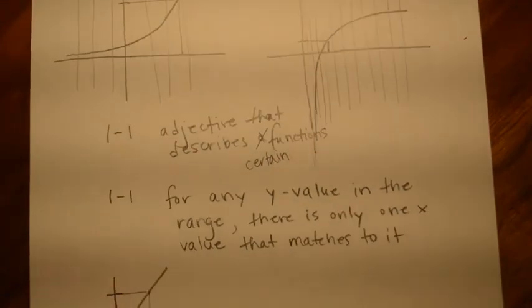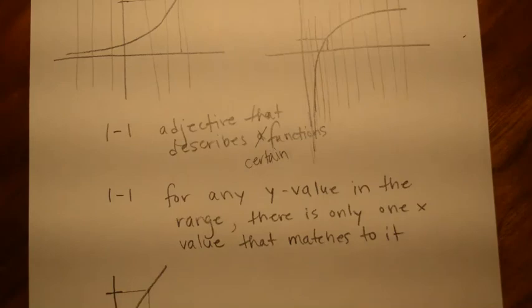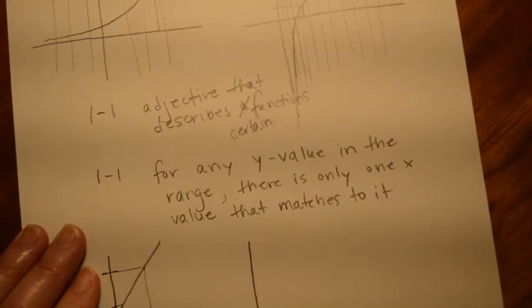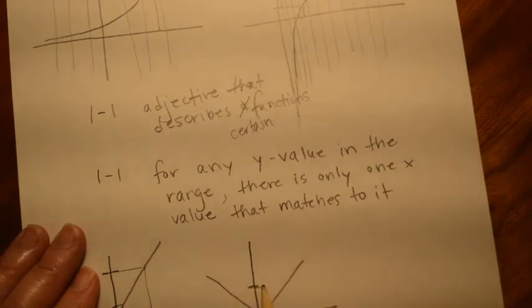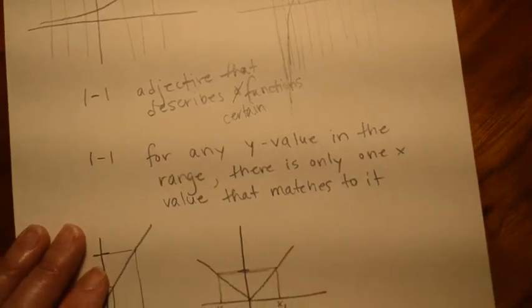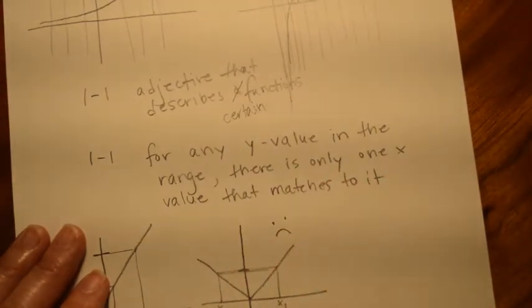Let me give you some examples of other functions that we have looked at that are not one-to-one. So for example, we've looked at absolute value graphs. Let's say I pick this y value right here. Well, this x value created it, but so did this one right here. So let's say this is x1 and this is x2. There are two different x values that give us that same y value. Right, so this is not one-to-one.